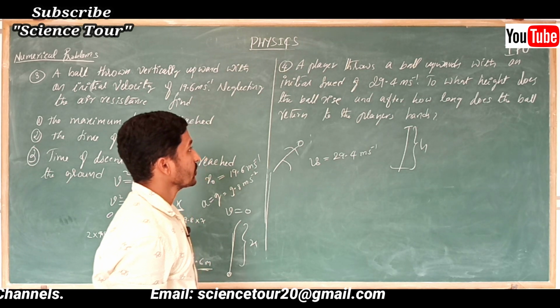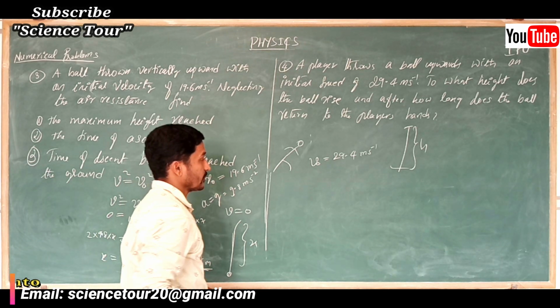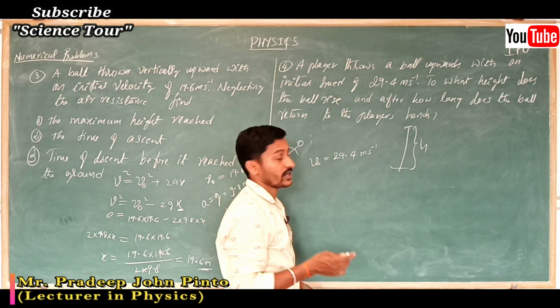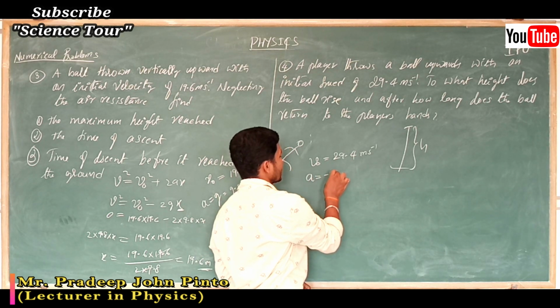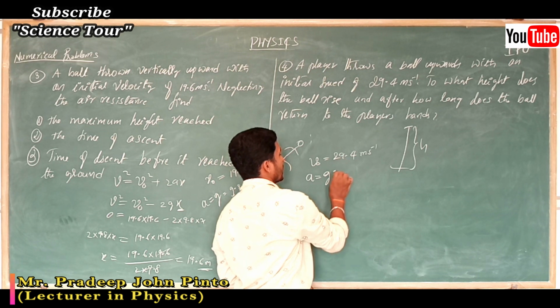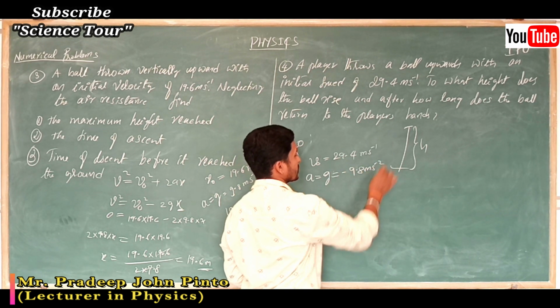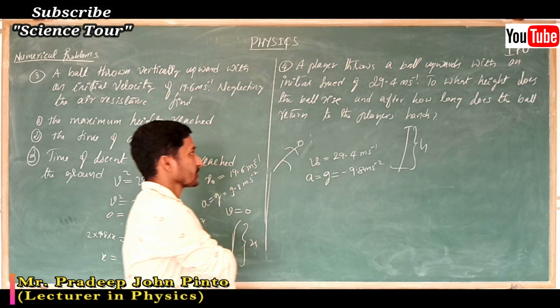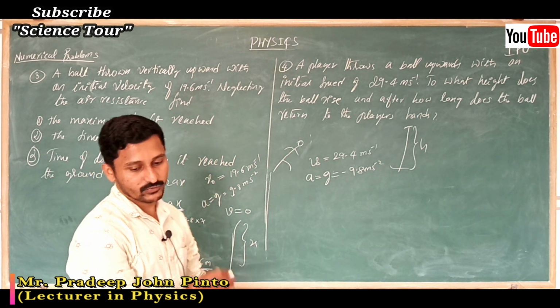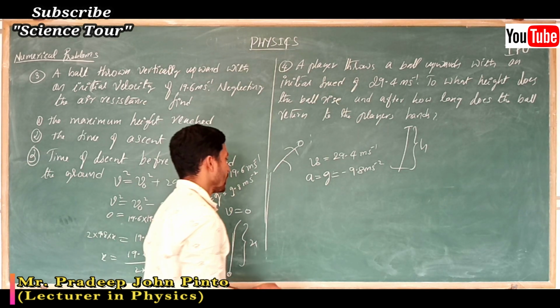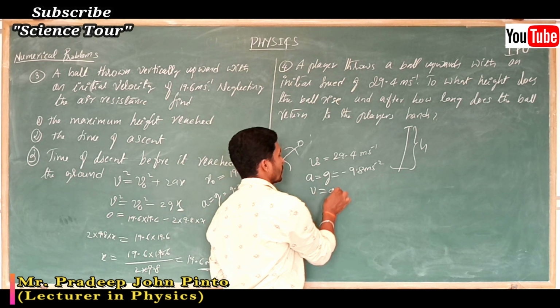A player throws a ball upward with an initial speed of 29.4 meter per second. Then if it is upward-downward case, what you have to write down? Acceleration is nothing but g, which is equal to minus 9.8 meter per second square. Then which formula can we use to find the distance? We want final velocity 0, no?